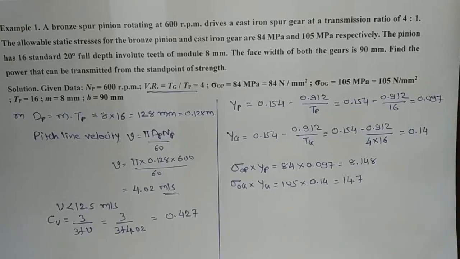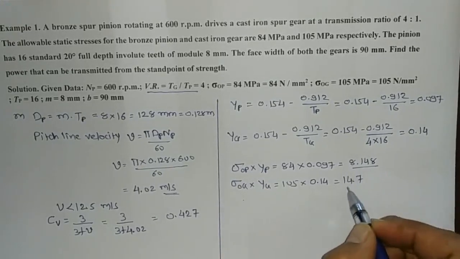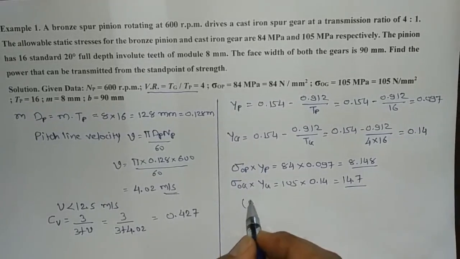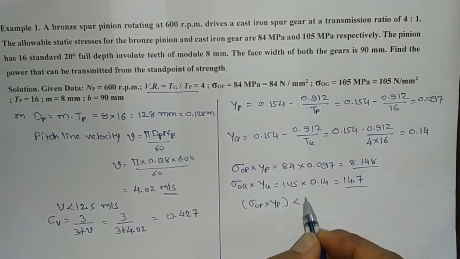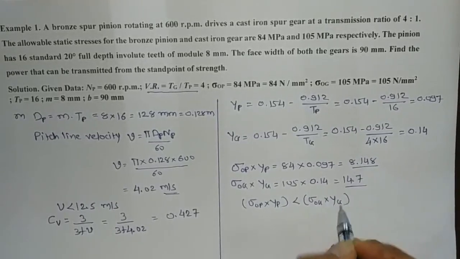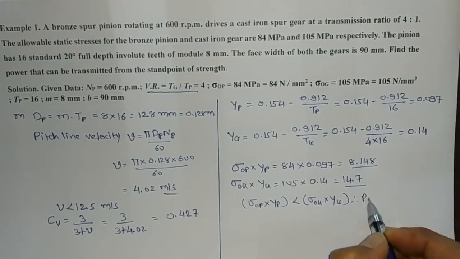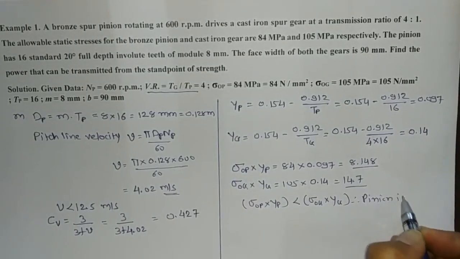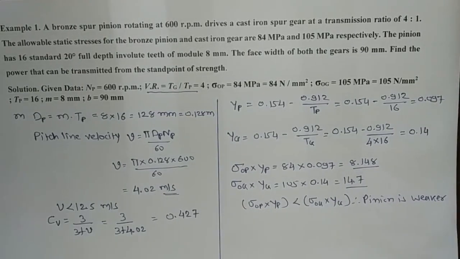Now from these two values, we can say sigma Op into Yp is less than sigma Og into Yg. Therefore we can say pinion is weaker than gear.